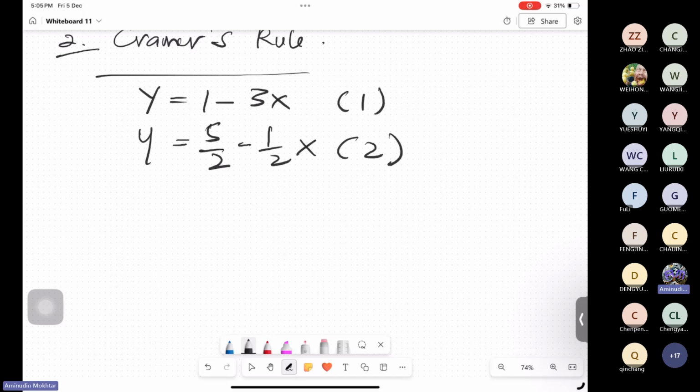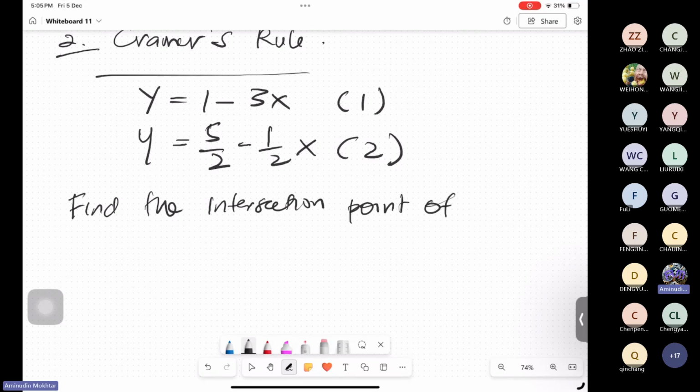Okay, so the question is, let's say, find the intersection point of the equations by using Cramer rule.